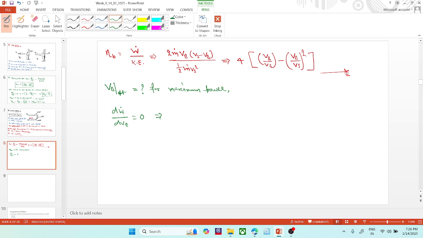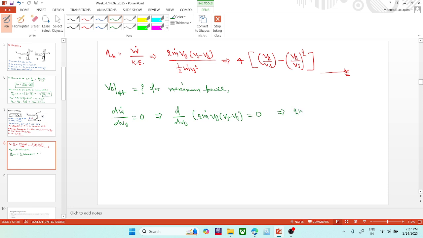So d by dVb of 2m dot Vb into Vs minus Vb is equal to 0.